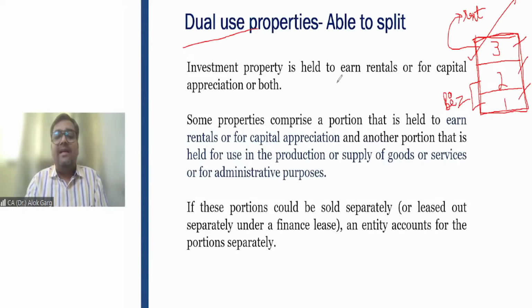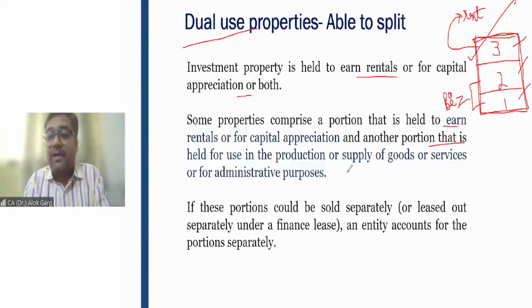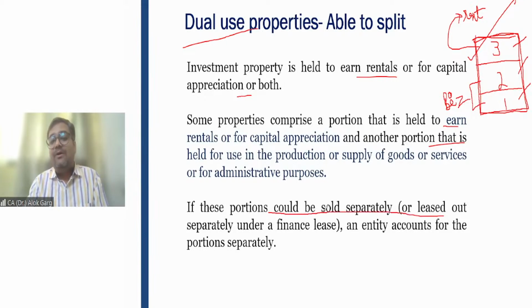The standard says that if some properties comprise a portion that is held to earn rental or capital appreciation, and another portion which is held for use in the production or supply of goods or services or administrative purposes, and these portions could be sold separately or leased out separately under a finance lease, the entity accounts for the portions separately.